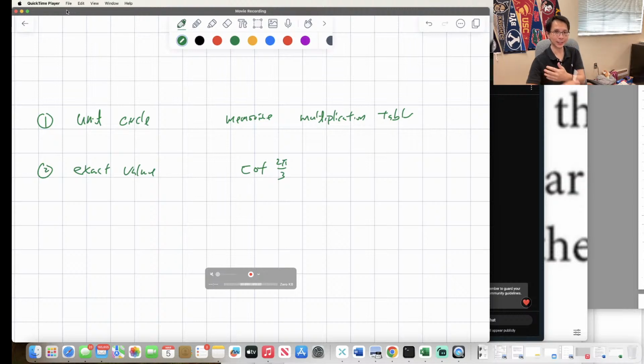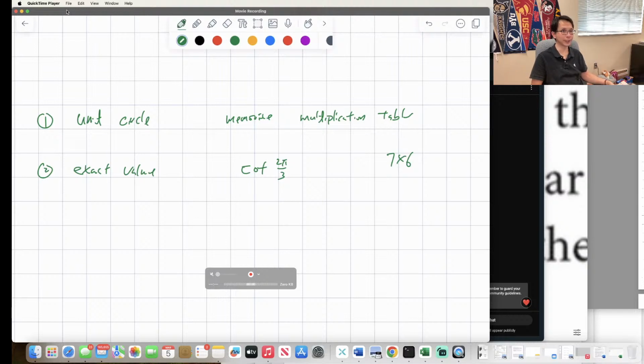It's the same thing as saying what is 7 times 6. You cannot say, I need to memorize the unit circle, so I'm going to do 7 times 1, 7 times 2, 7 times 3, 7 times 4, 7 times 5, 7 times 6. And that's equal to 42. But cotangent 2 pi over 3, you just have to straight know it. If you've been in this class for this long, you should know the right value.